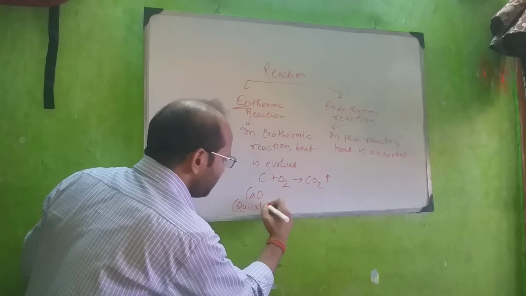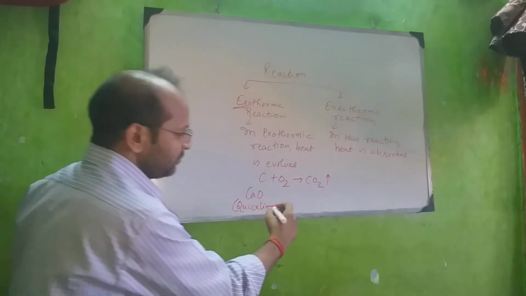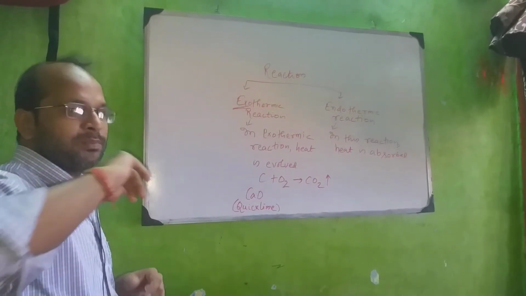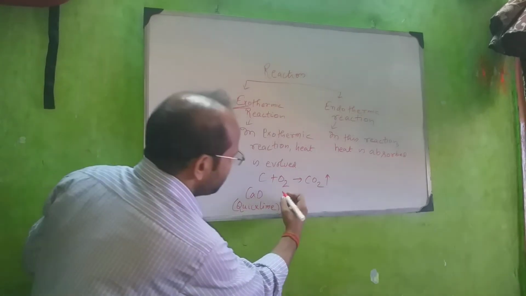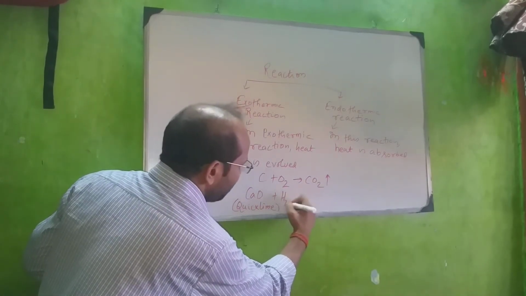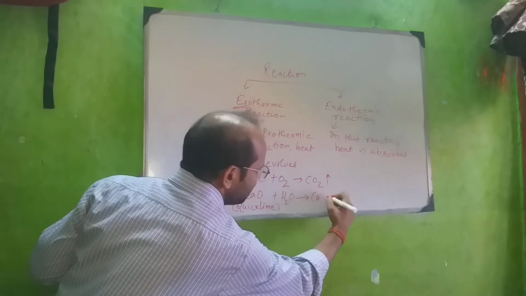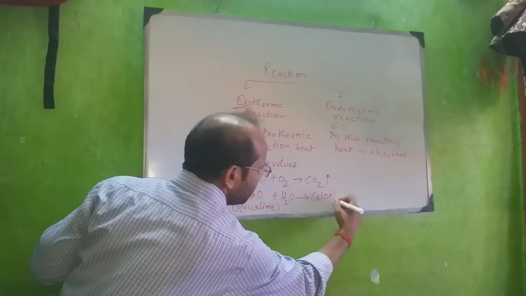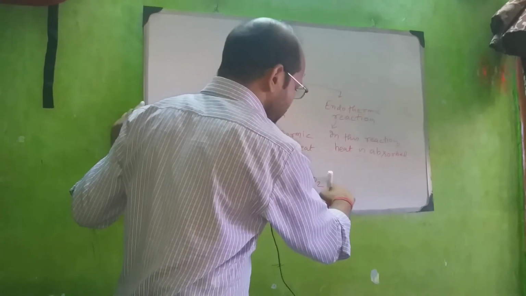It has another name called quicklime. Suppose some teacher has bought quicklime from that shop and he has just added water. Everyone might have water at home. So when we add water to it, it will become calcium hydroxide.